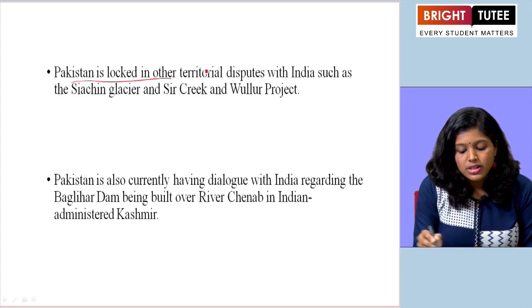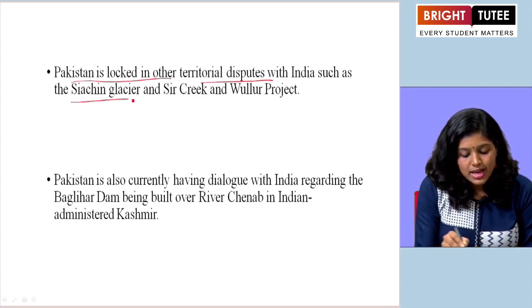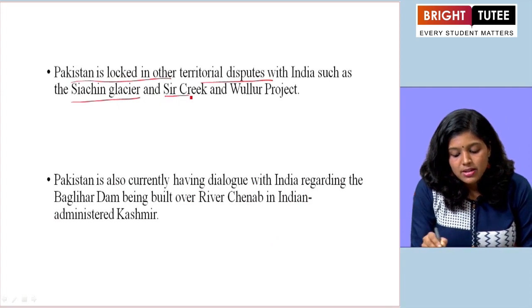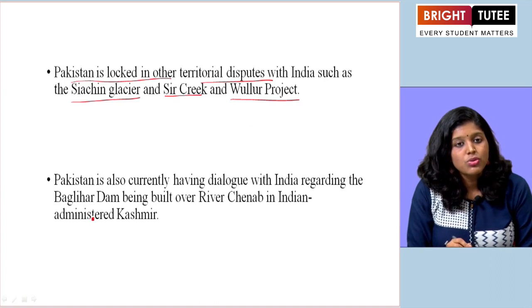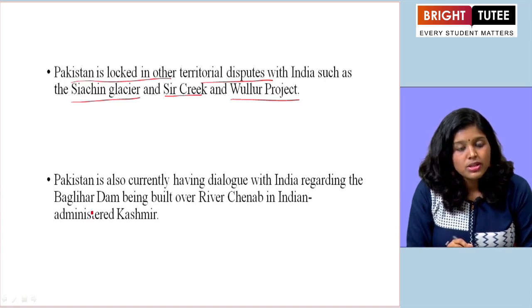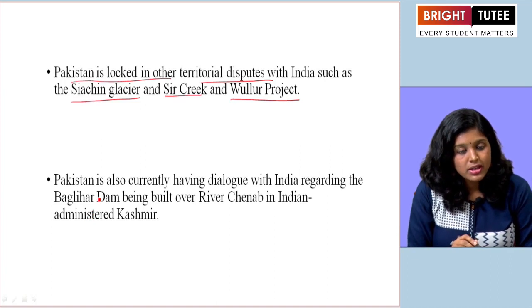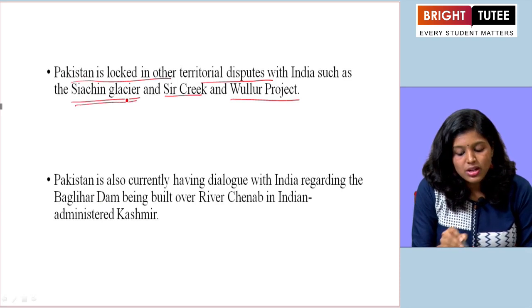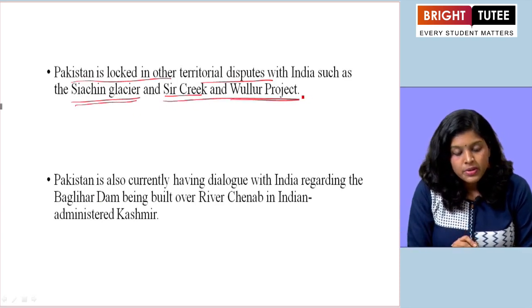Pakistan is locked in other territorial disputes with India such as Siachen Glacier, Sir Creek and the Wullar project. So, here again, similar to the water dispute, there are problems which India and Pakistan face in the Siachen Glacier, Sir Creek and the Wullar project.